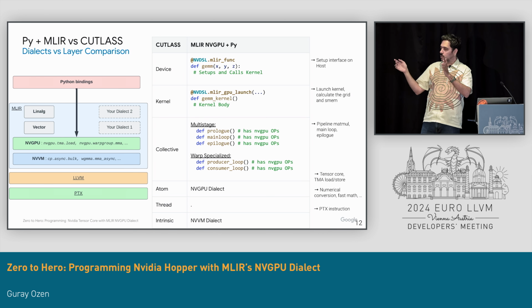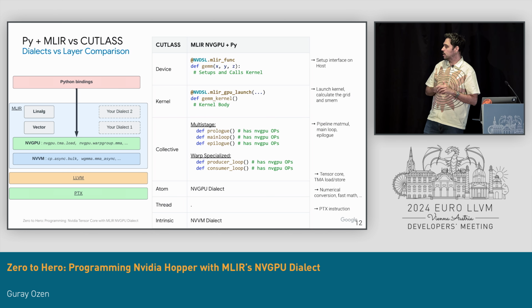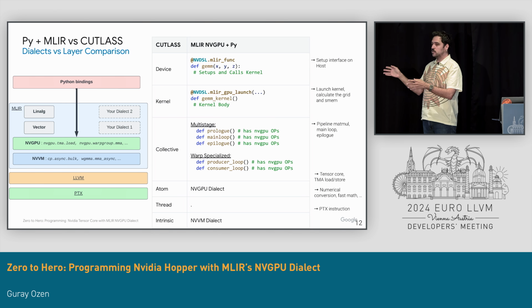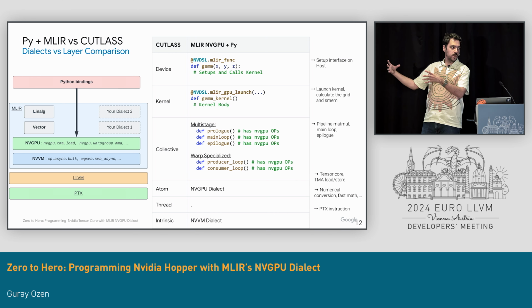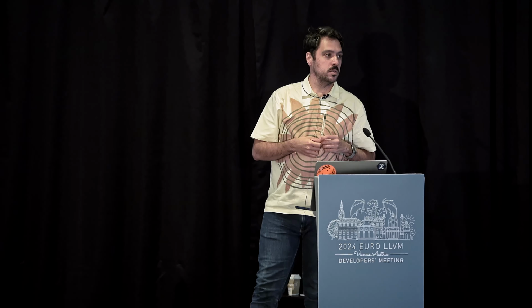It's not that we want to write a Cutlass. It's just that the layers match. Cutlass is written in CUDA, and here we are using half of it as compiler, and another part we are using Python. So in the end, they are doing the same thing. Is it easier? I think Python is easier than going with Cutlass.